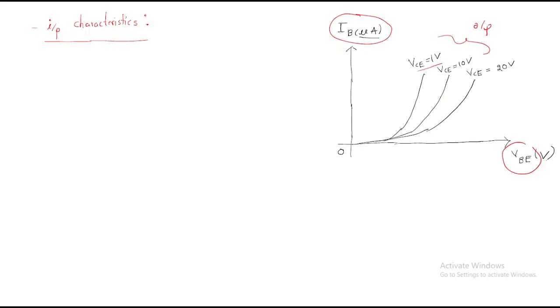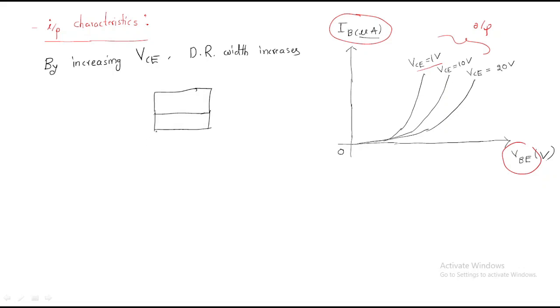What actually happens between the input and output characteristics is this: by increasing the collector-emitter voltage VCE, the current value decreases. Why? By increasing the output voltage VCE, the depletion region width increases. We have the collector, the base, and the emitter.